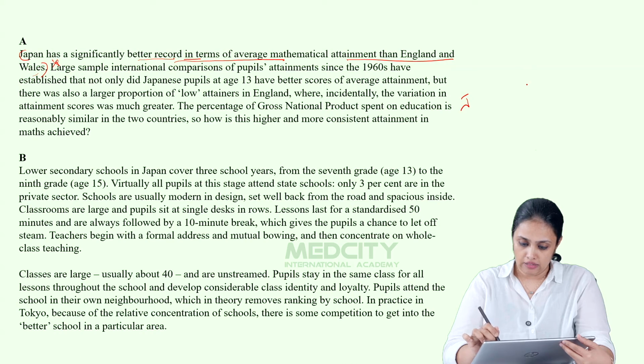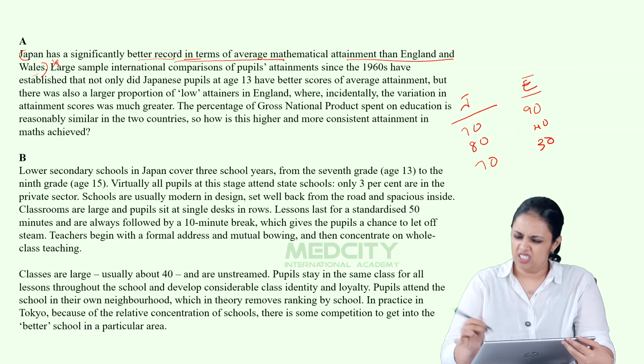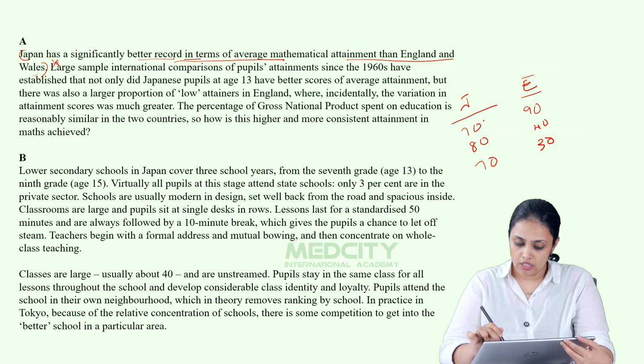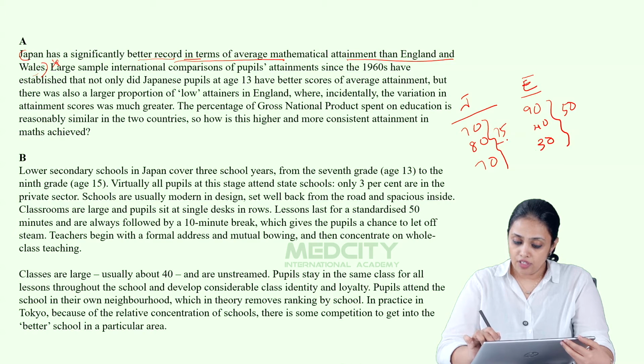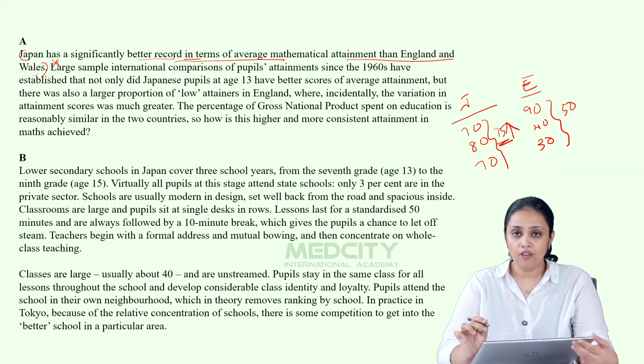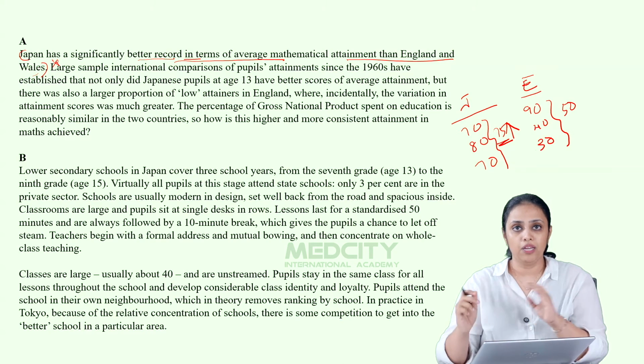For instance, Japan, England, the scores in maths for Japanese students are like 70, 80, 70, and here it is 90, 40, 30, something of that sort. Then the average here is, I would say, like 75, and here it would be something like 50, right? Now, when you look at it, the average maths score is higher among Japanese students when compared to English students.